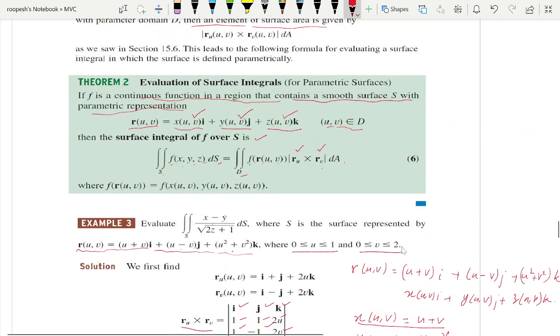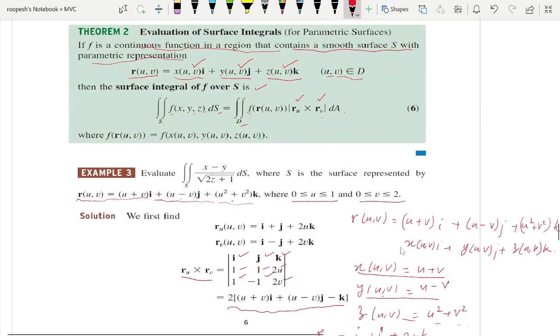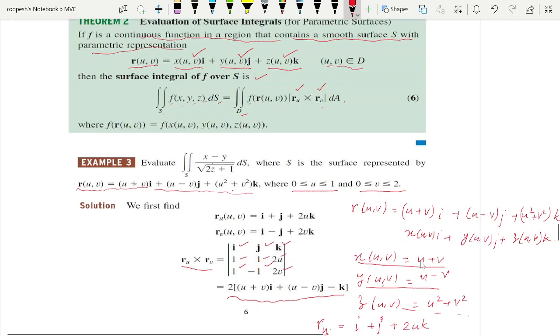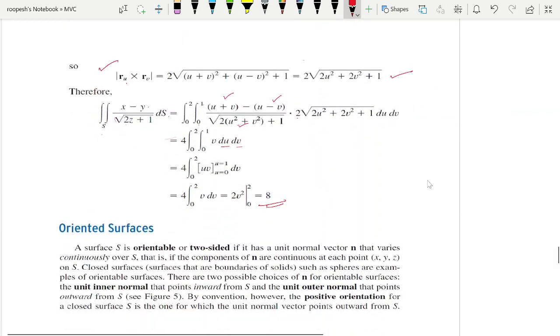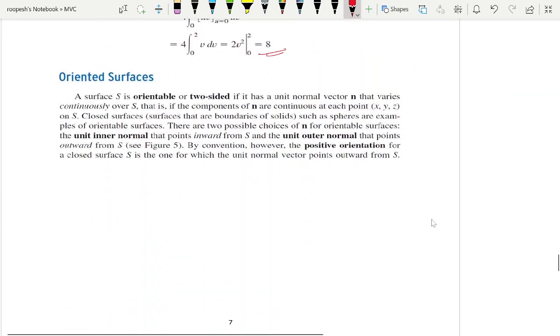Our formula for the surface integral over parametric surfaces is: the double integral over S of f(x,y,z) dS is equal to the double integral over D of f(r(u,v)) times the modulus of r_u cross r_v dA. Now substituting and simplifying, you will get the surface integral.